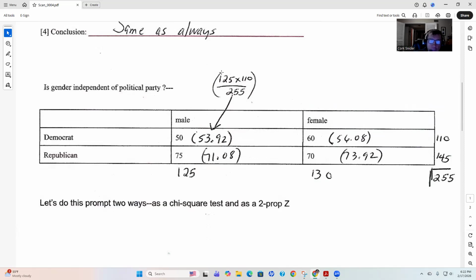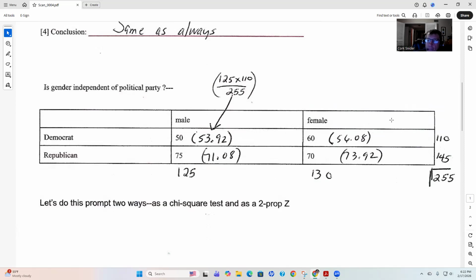So I have an example up here. For this one, the 51, you're going to take the column total, 125, multiply it by the row total, 110, and then divide it by the table total.